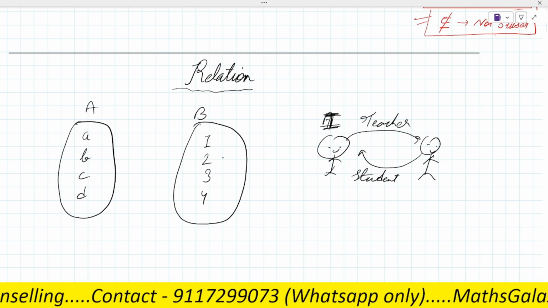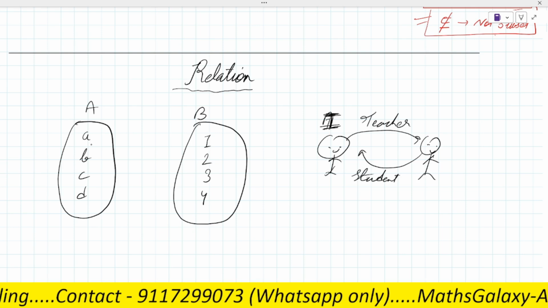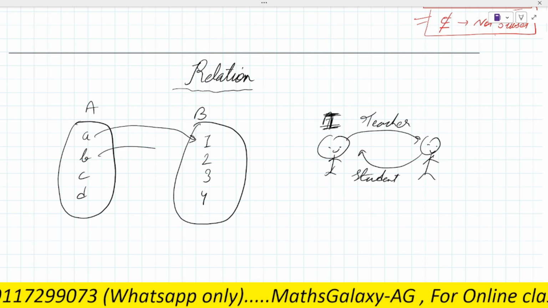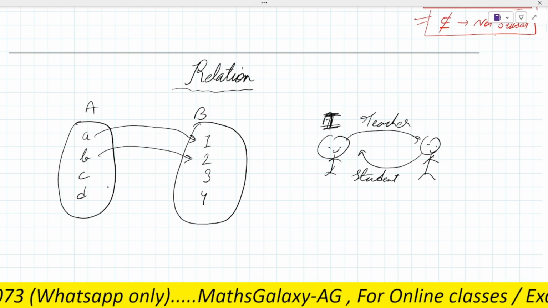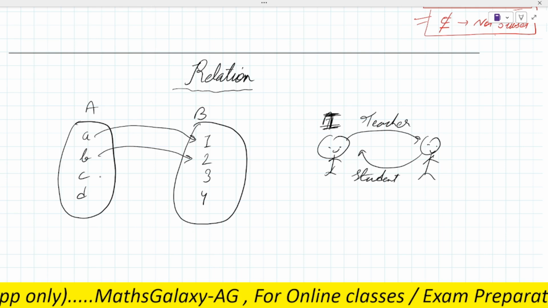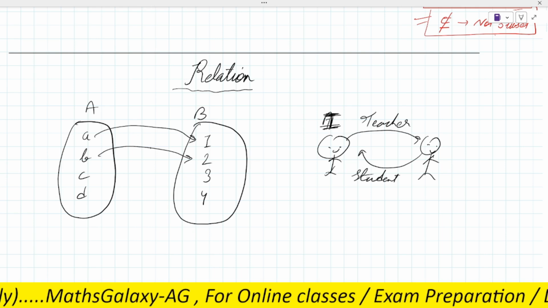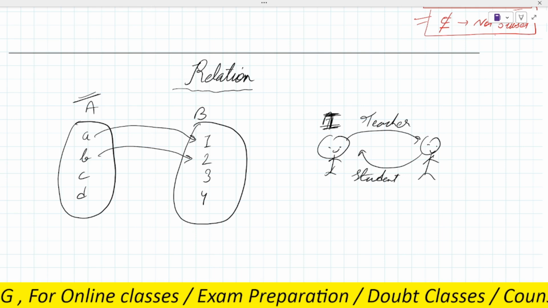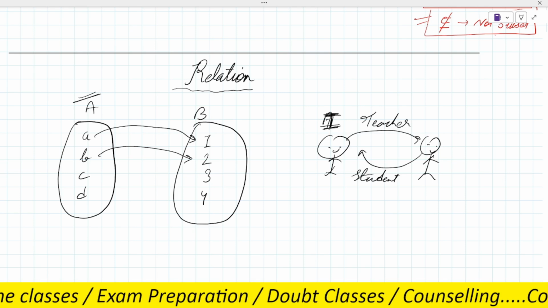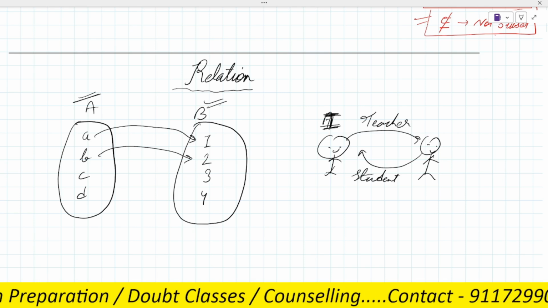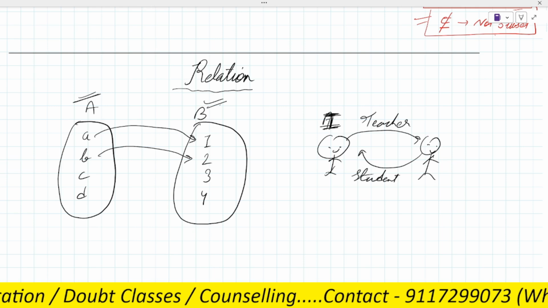When the elements of set A have some relation with the elements of set B, then this will be known as a relation among those two sets. Is it clear?